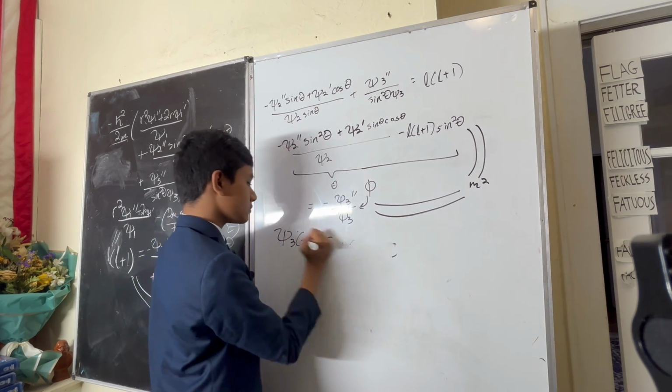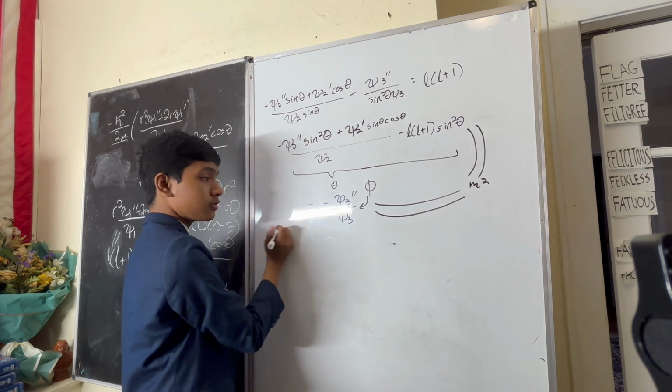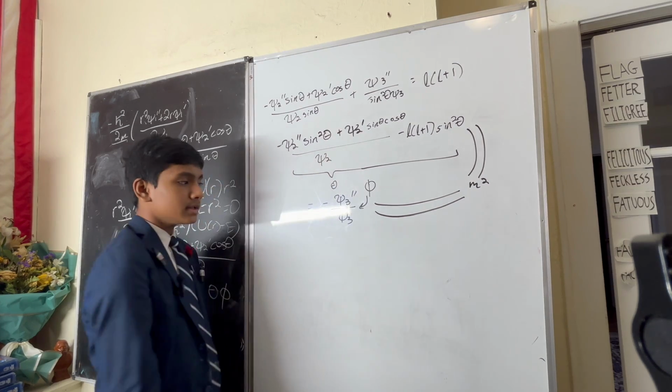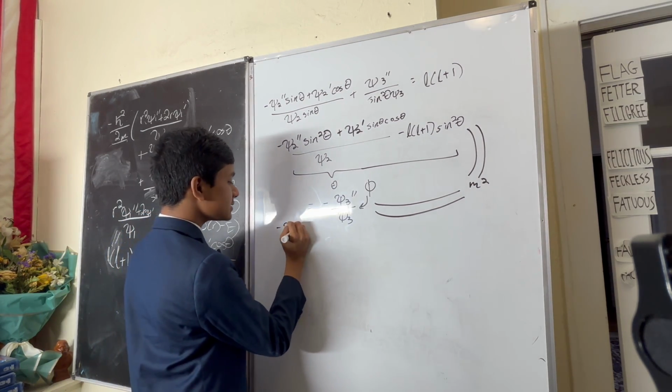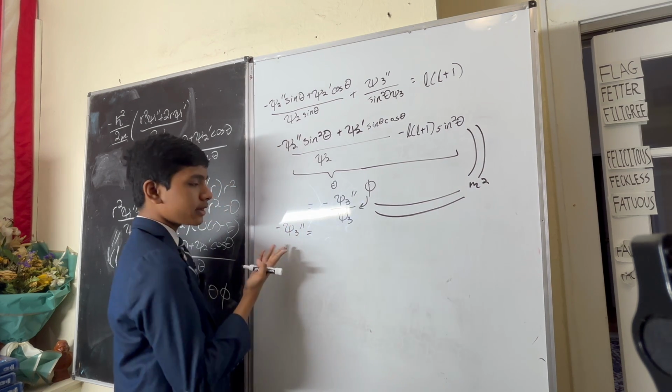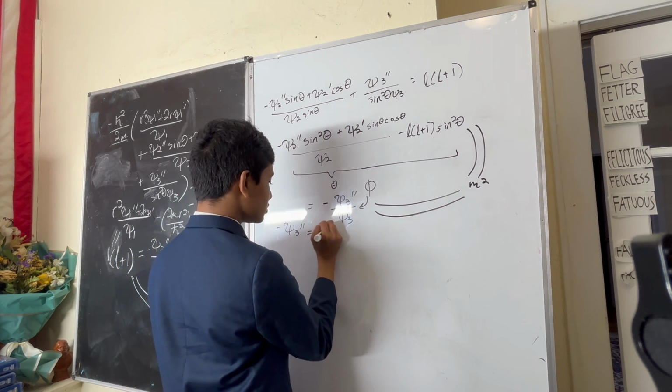And so, this is already pretty simple to solve, right? Because you just get minus psi 3 double prime is equal to m squared psi 3.